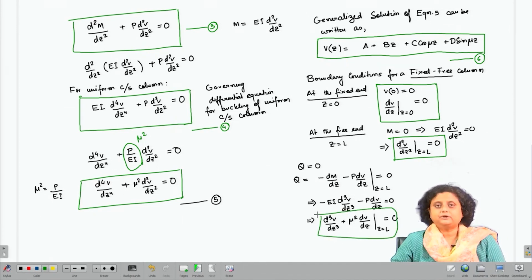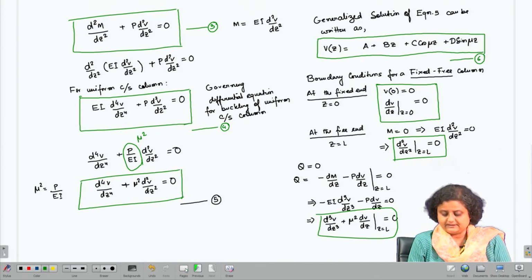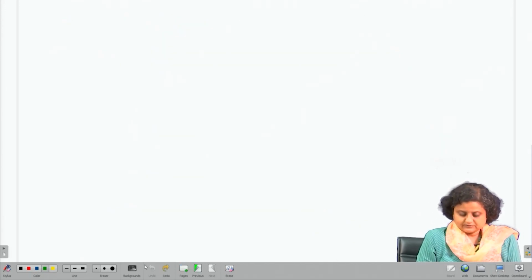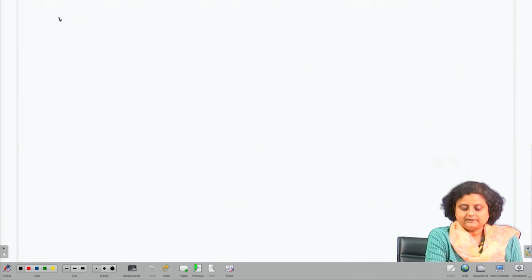Now, let us substitute these conditions on the generalized equation and see what are the values of A, B, C and D. Let us first start with condition 1, that is v0 is equal to 0. So, what do we get?